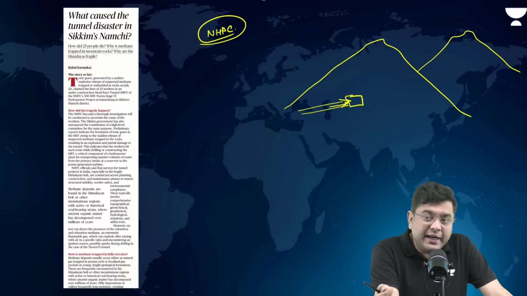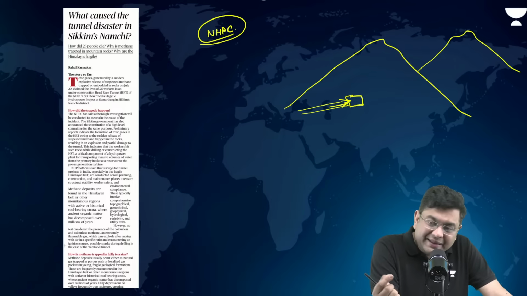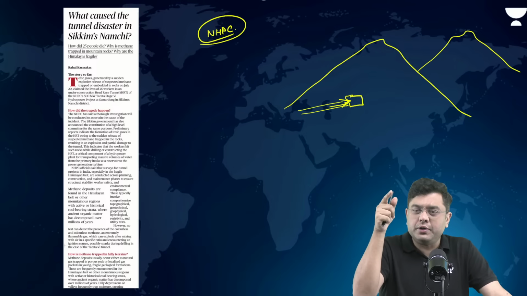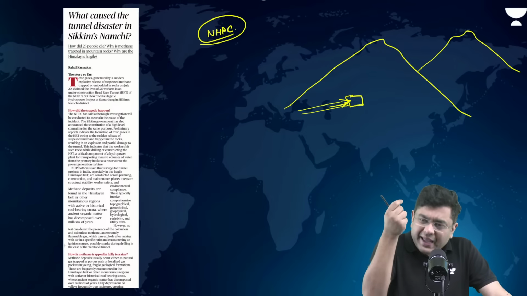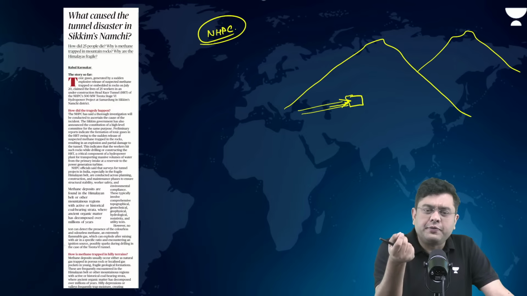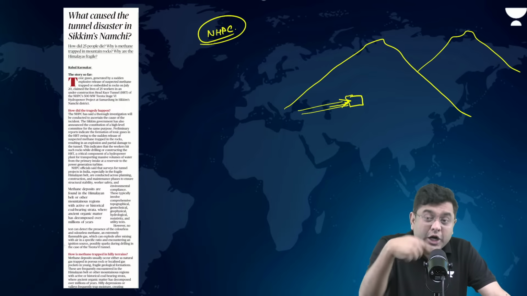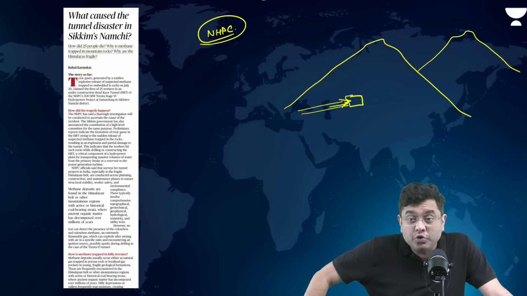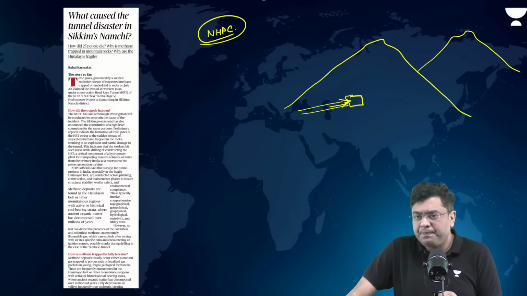And when you drill into the rocks, there are sparks produced. Methane, when it leaks out and mixes with the normal oxygen, it becomes combustible, highly combustible. And then the presence of the sparks can immediately ignite it. And in a closed space, if that ignition happens, it will lead to a disastrous explosion. So, this is what has happened in the region of Sikkim.